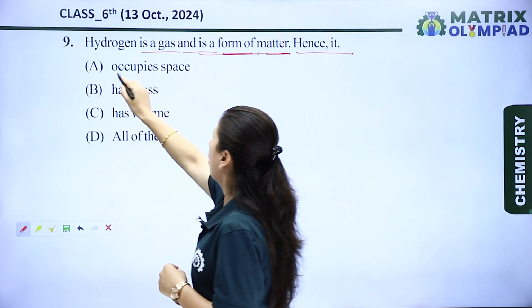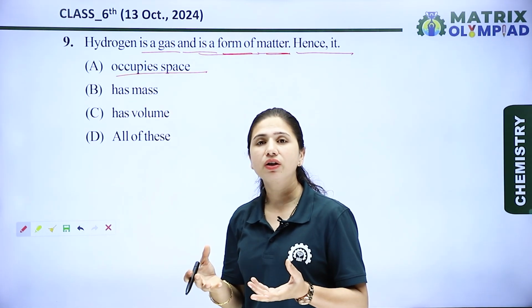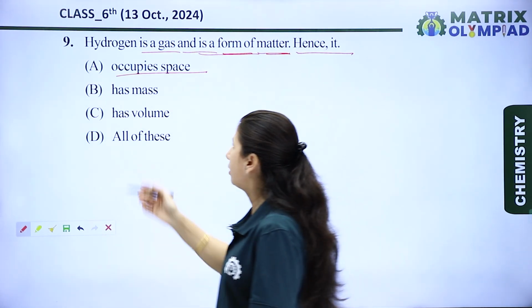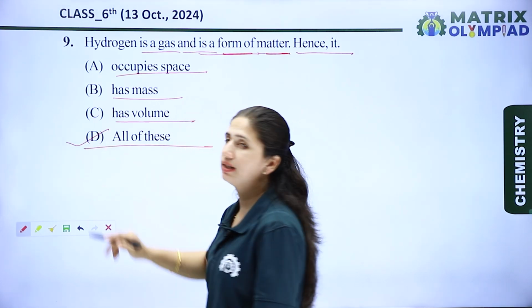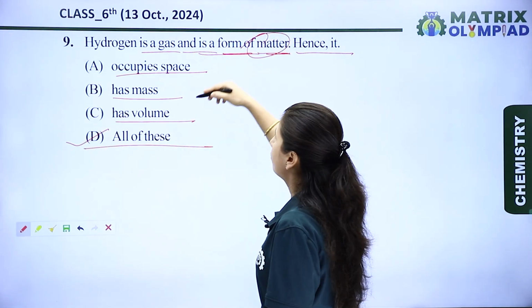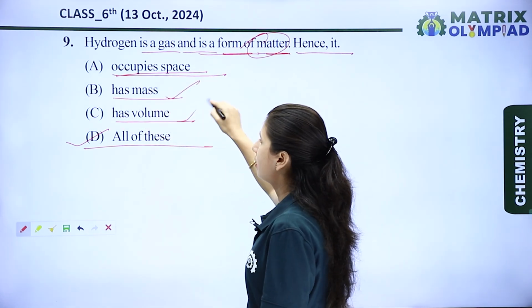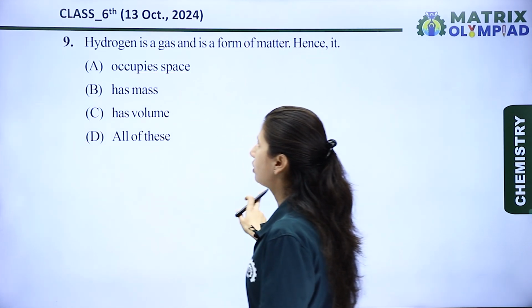We know that matter is a substance, or we can say everything which occupies any space is known as matter. It has mass and has volume. So option D is the right option for this question.